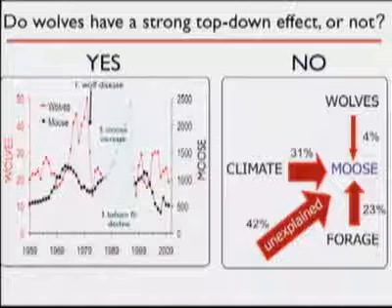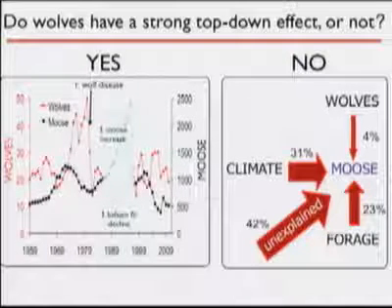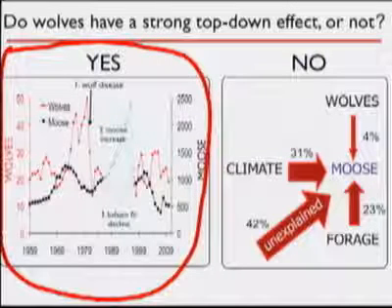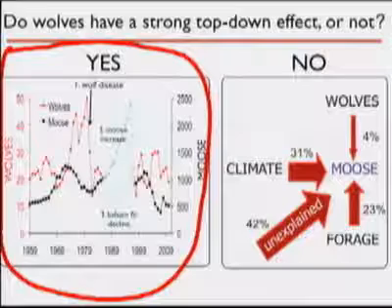And so here we have this one question: do wolves have a strong top-down effect or not? And we're getting a variety of answers. One of the answers that we get by looking at this rather simple but pretty useful explanation of just, one thing happened and then another after that and something followed after that, is that yes, there's a strong trophic cascade that occurs on Isle Royale.